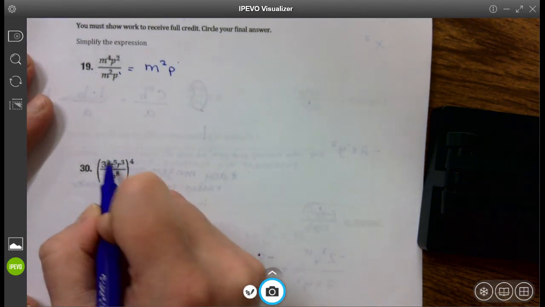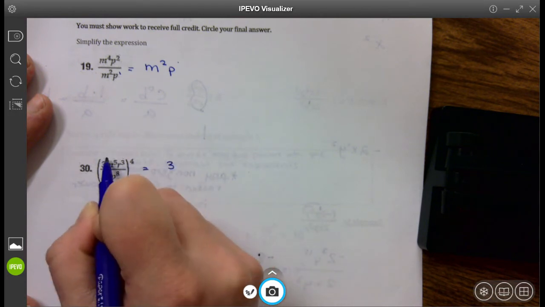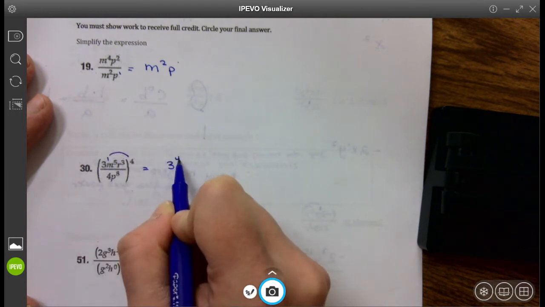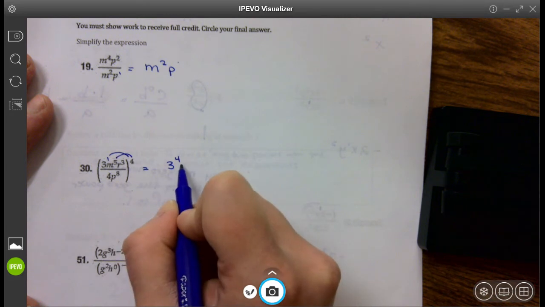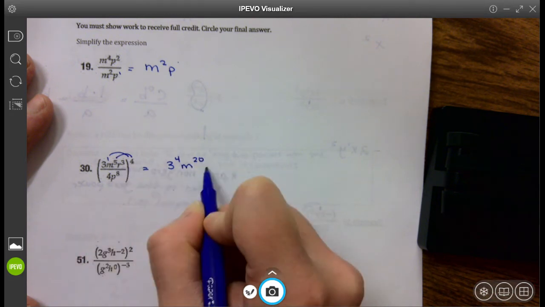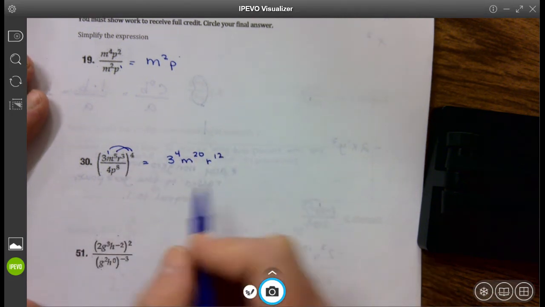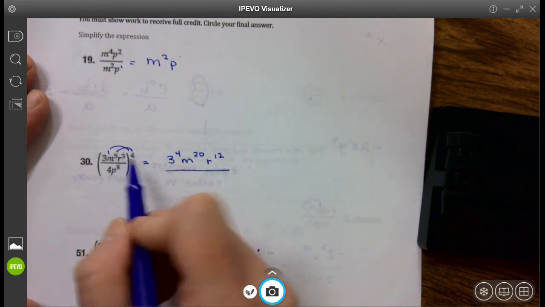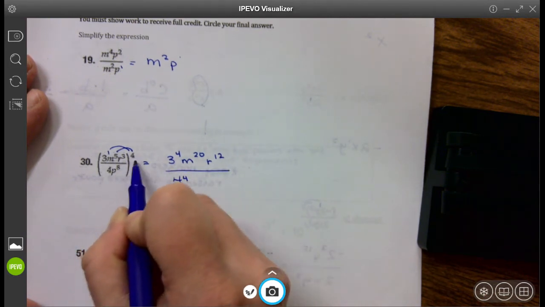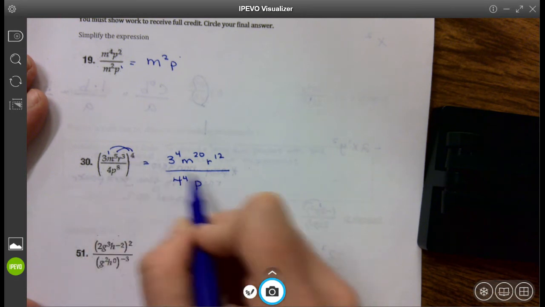I got to bring this 4 into everything. So it's 3 to the first to the fourth, 5 to the fourth, r to the 12th, all over 4 to the fourth, p to the 12th.